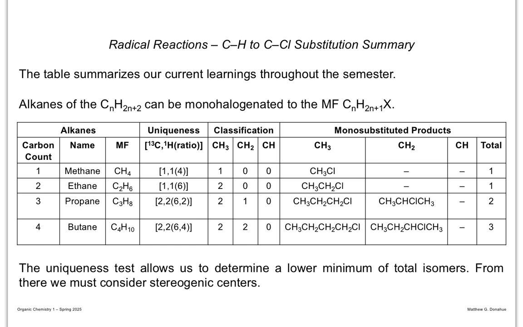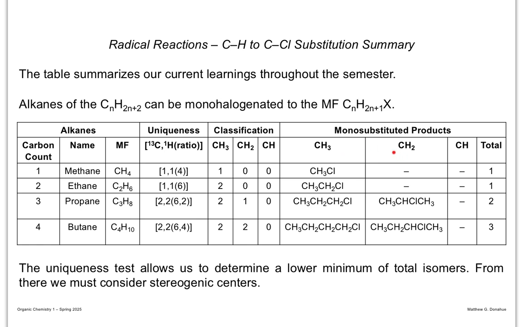And so given the carbon count and the alkane name formula, we already know how to determine the uniqueness sets of H. And so really we're looking at that set number for H. And then we can further classify the different types of CH as methyl, which is primary, methylene, which is secondary, or methine, which is tertiary.